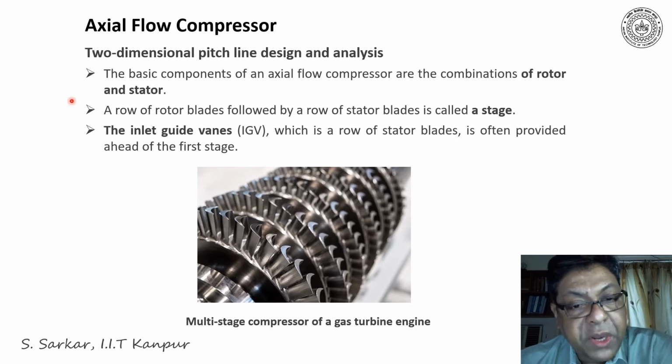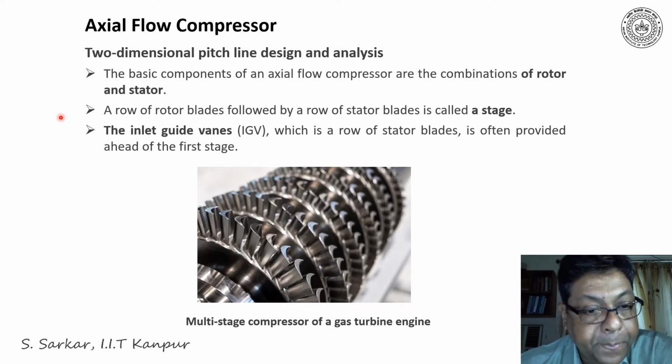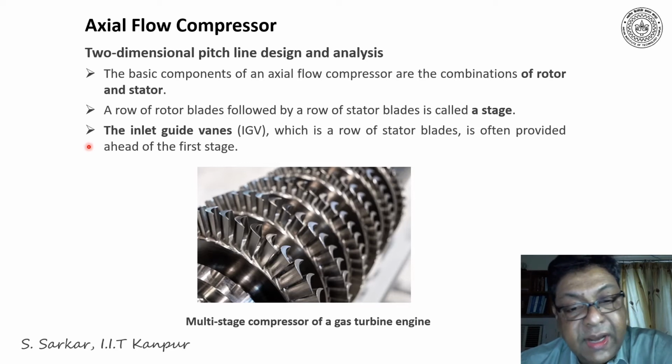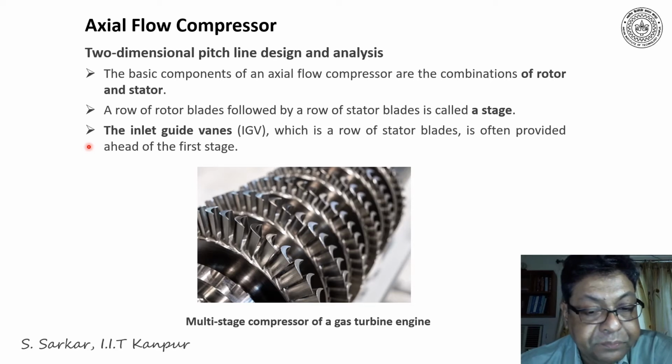compressors. The basic components of an axial flow compressor are the combination of rotor and the stator. Thus, a row of rotor blades followed by a row of stator blades is called a stage. The inlet guide vane, IGV, which is a row of stator blades, is often provided ahead of the first stage of the compressor.